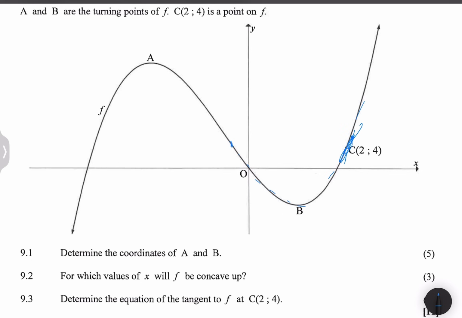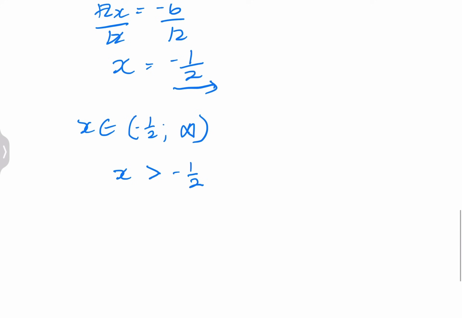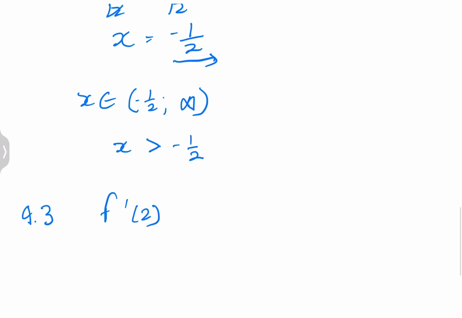How do I find the gradient? I take the derivative at that particular point. So I'm going to take the derivative when x is equal to 2 and work it out.